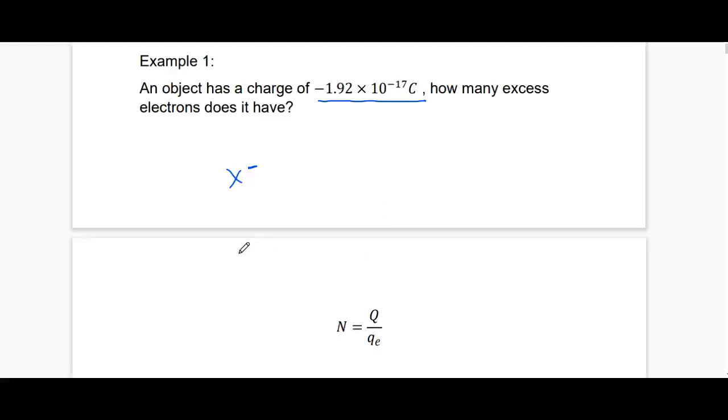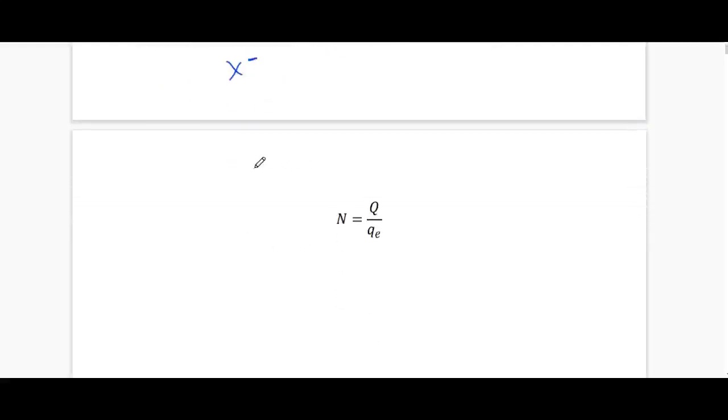Okay, here I've rewritten the principle of quantization of charge. I rearranged it, so this is the same as this, N equals Q over E. What happens here is that I divided both sides by E to make N the subject of the formula.